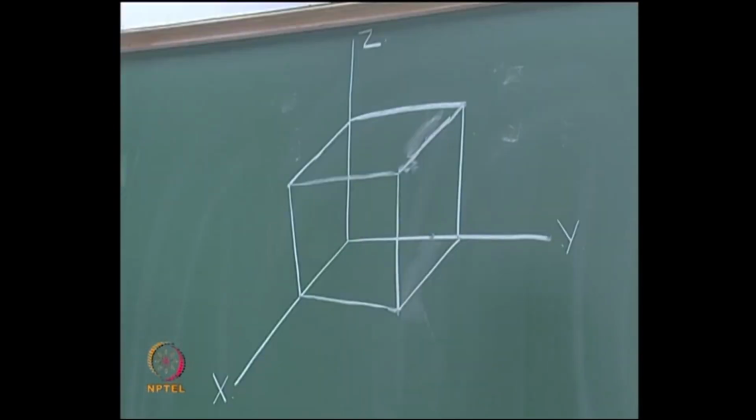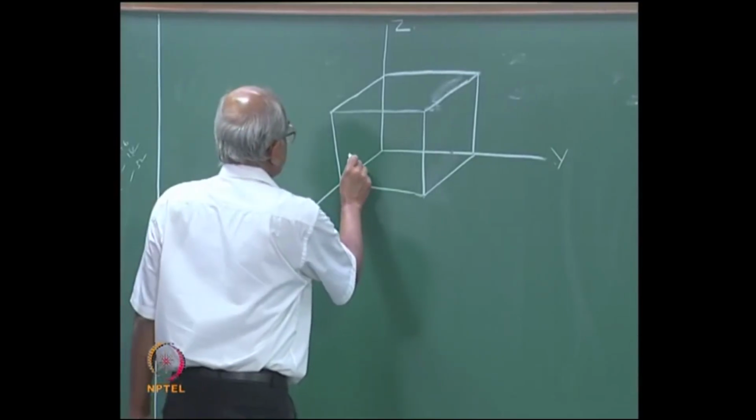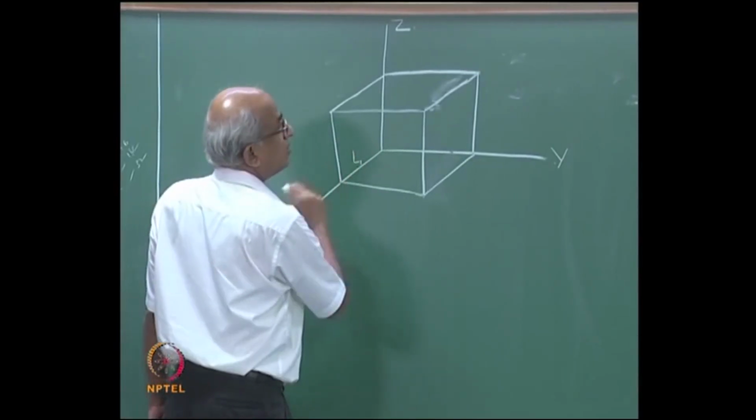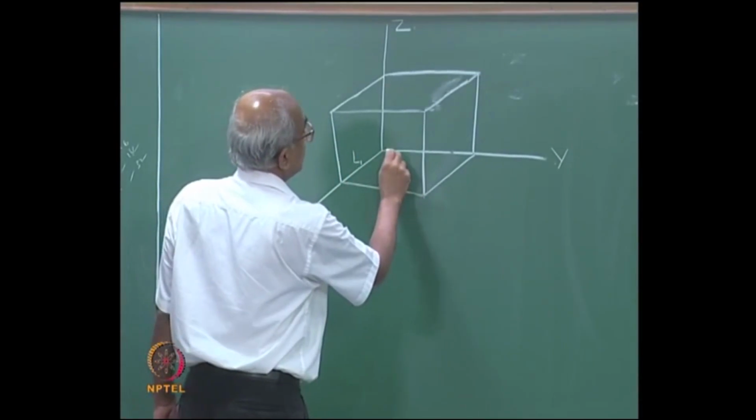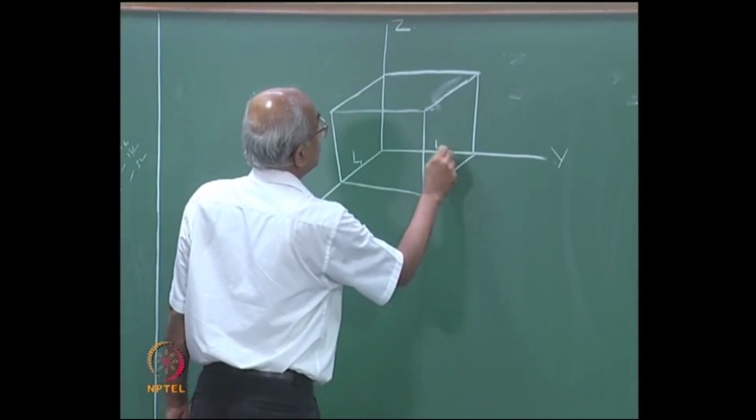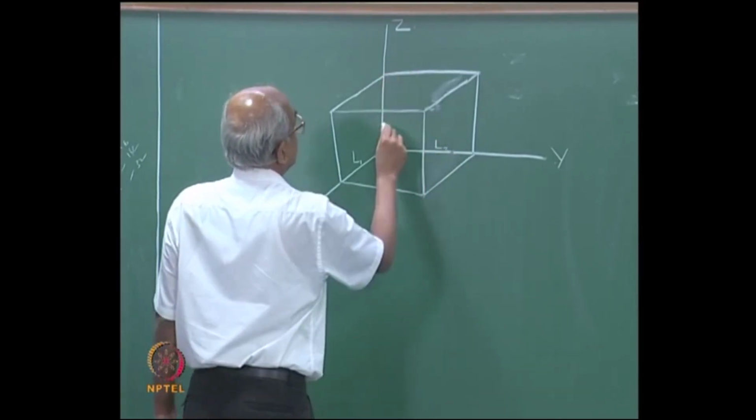So, this is the piece of metal, and as I said, the sides are L1, that means this length is L1, this side is L2, and the height of the box is L3.